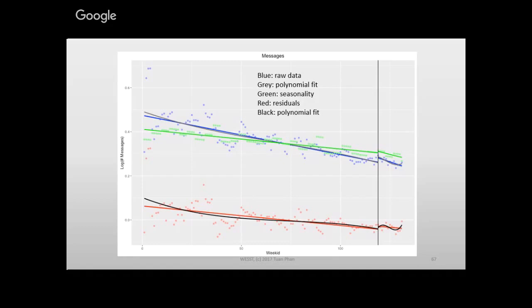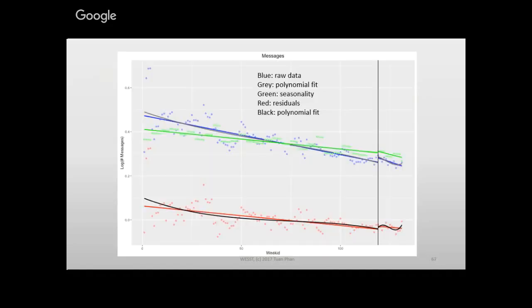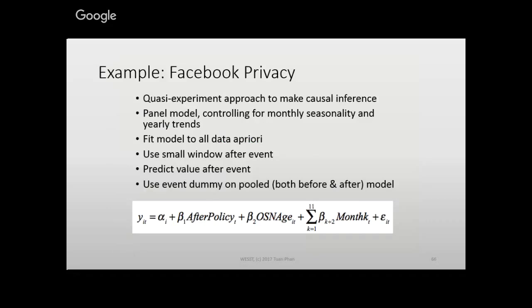How do you pull out the seasonality? So in R, when you estimate this model, we get the betas. The green dots here are the betas. Then we just predict using this model.